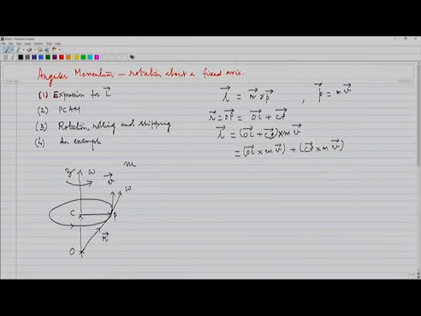And now CP has got a name. This is what is called R perpendicular. This we had seen in an earlier lecture.